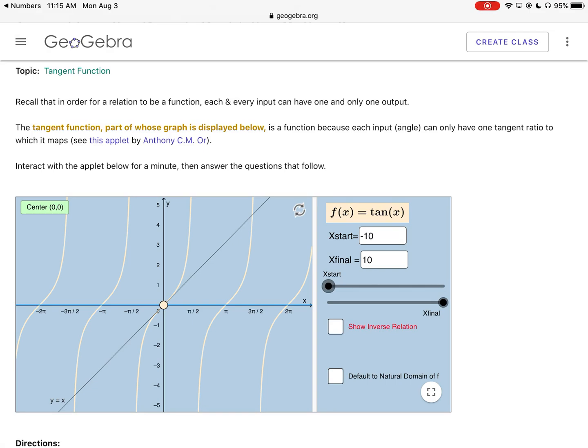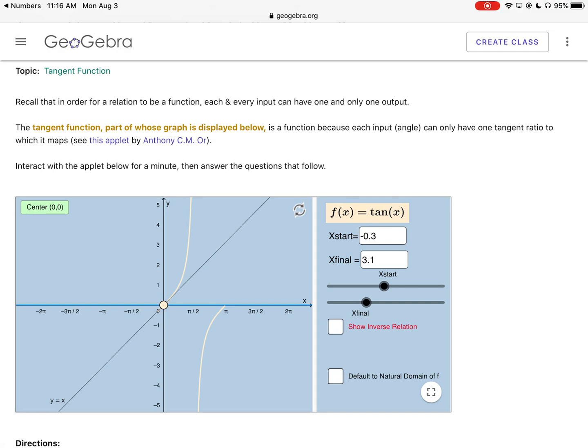And let's see, if I restrict the domain of this to be 0 to pi, just like I did for cosine, okay, so that would be one-to-one, okay, which means the inverse would be a function. However, it wouldn't be continuous, right? Notice that red curve there is broken up into two pieces, okay?